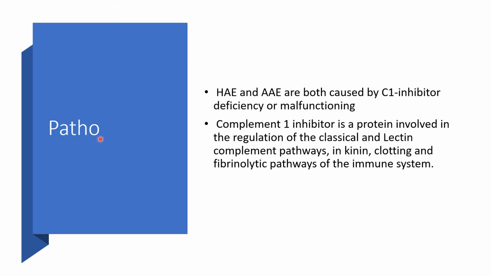Now, patho. How did we get here? Hereditary angioedema and acquired angioedema are both caused by C1 inhibitor deficiency or malfunctioning, meaning it is either C1 inhibitor level is low or it is not functioning properly, and it can be both deficiencies.